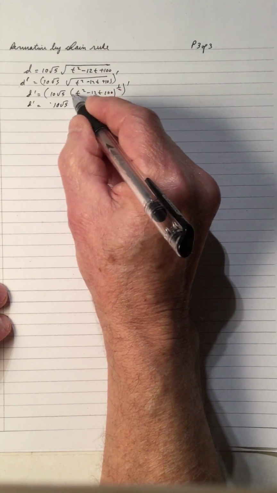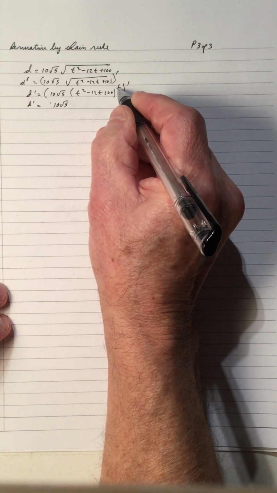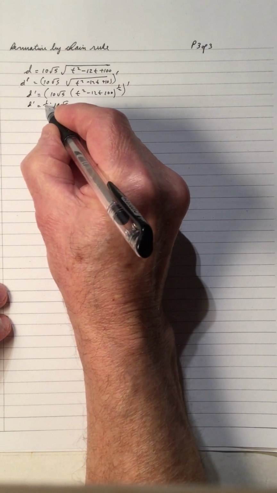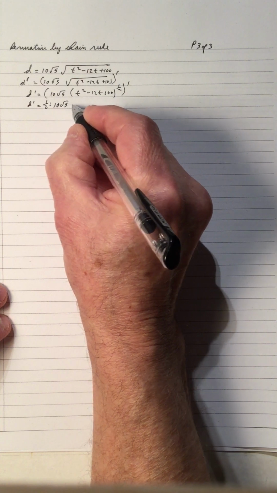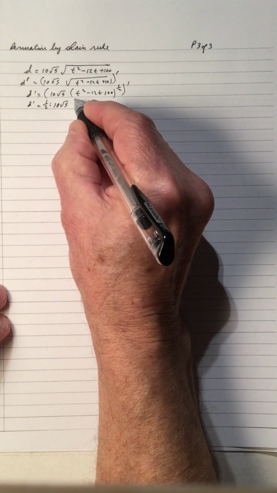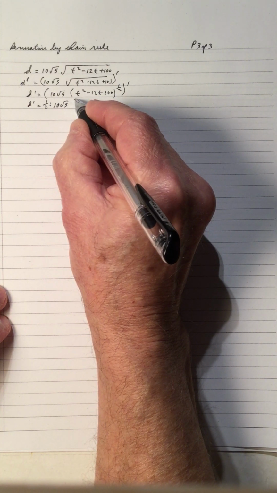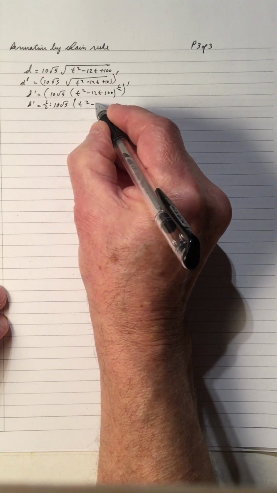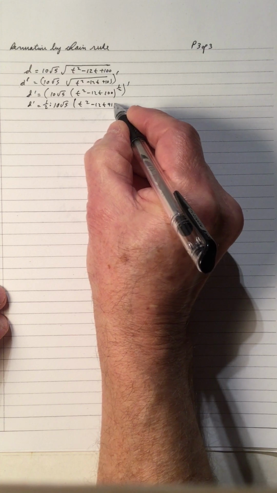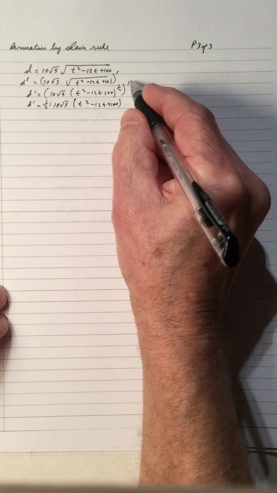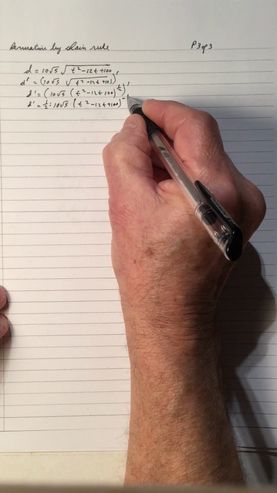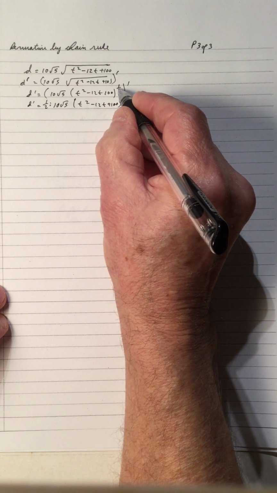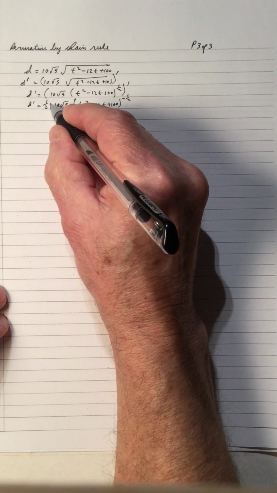So the derivative of this, the half goes in front, so it's a half times 10 root 5, and that leaves us with t squared minus 12t plus 100 to the negative a half. The half goes in front because it's an exponent.